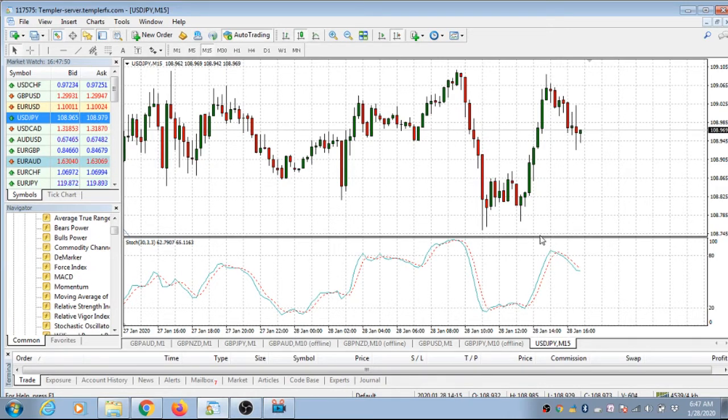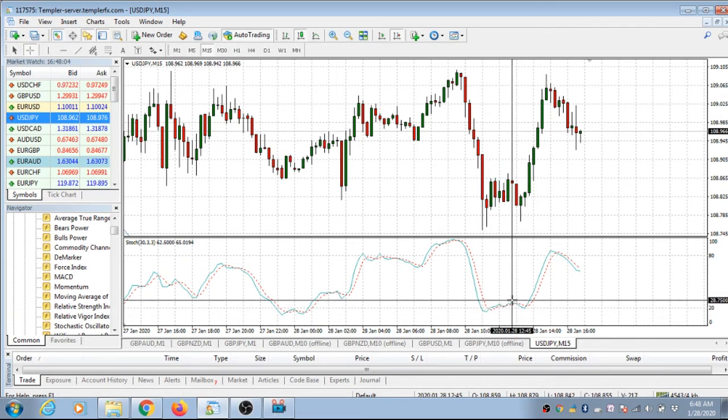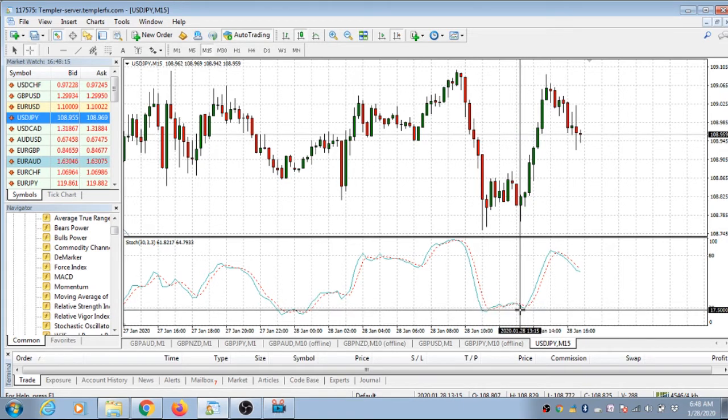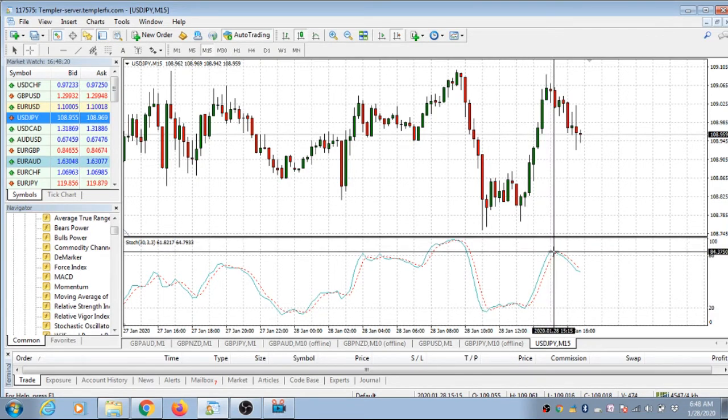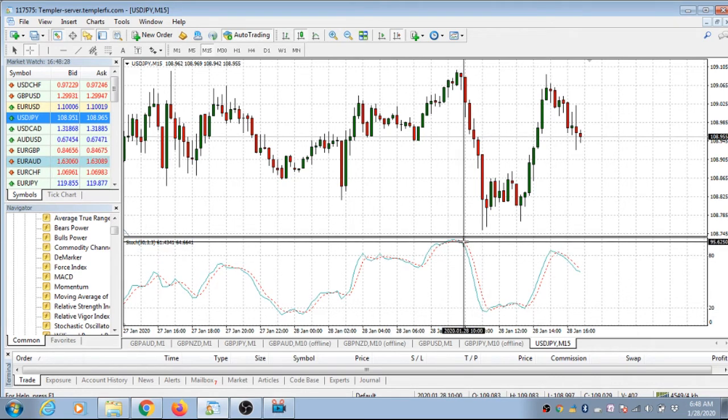In this example, the USD JPY is the instrument on our chart here. When it reaches the bottom here, it is called the oversold state, the oversold zone. When you are in the oversold state, it means that the prices have become so cheap that people are starting to buy, so this is an opportunity for you to buy, and at this point is an opportunity to sell. So I could buy here, I could sell here, or I could sell here.